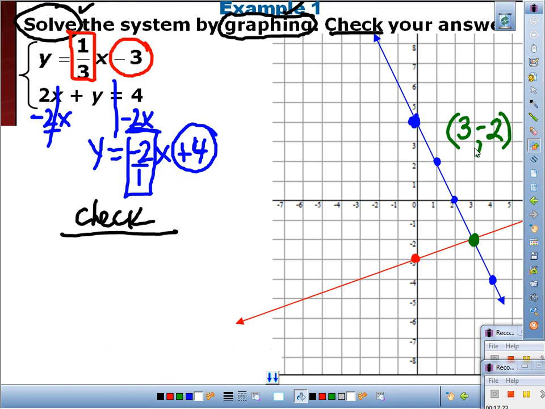So I wrote that. Therefore, to check, I'm given two equations. I graphed them and I found out this. To check, what shall I do with my two equations and this?